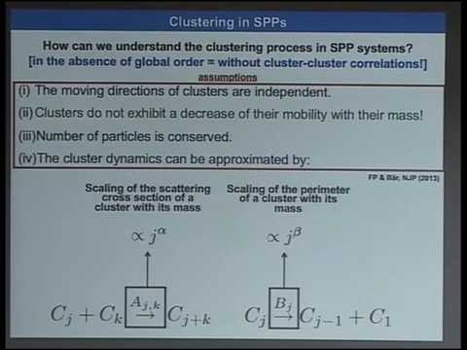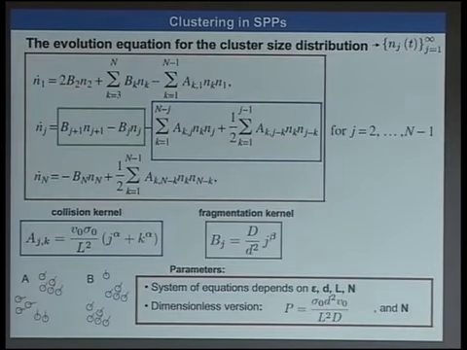Now you can write down these equations for these objects, that is, the number of clusters of mass j at time t. You have a hierarchy of equations. This is for clusters of one particle. You would write something similar for clusters of 2 particles, j particles, up to n particles.